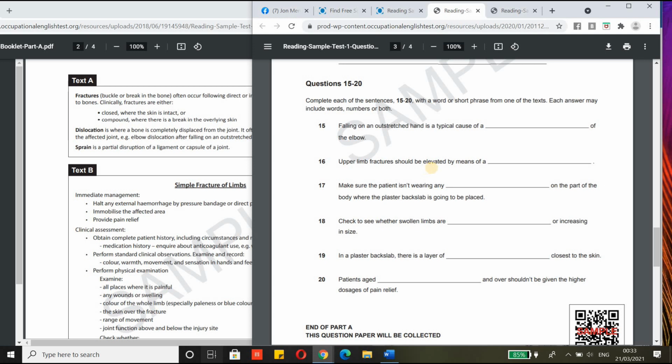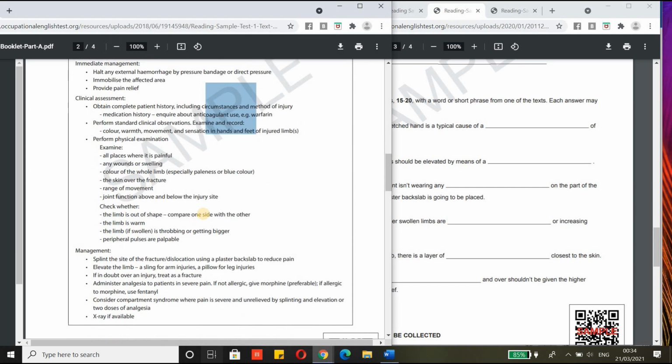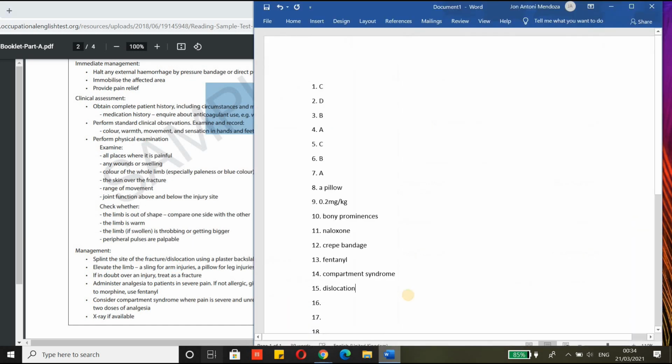Upper limb fractures should be elevated by means of upper limb fractures. Upper limb, so arms, a sling.